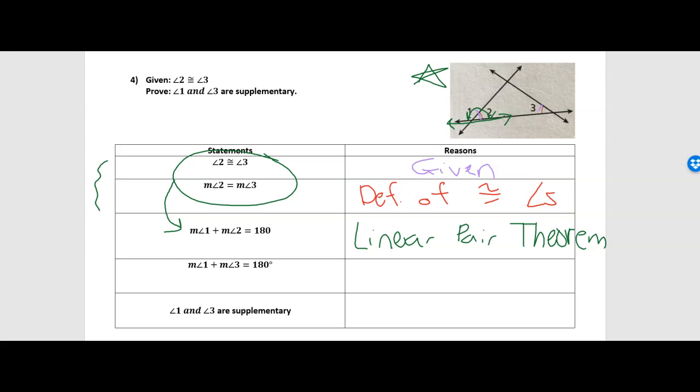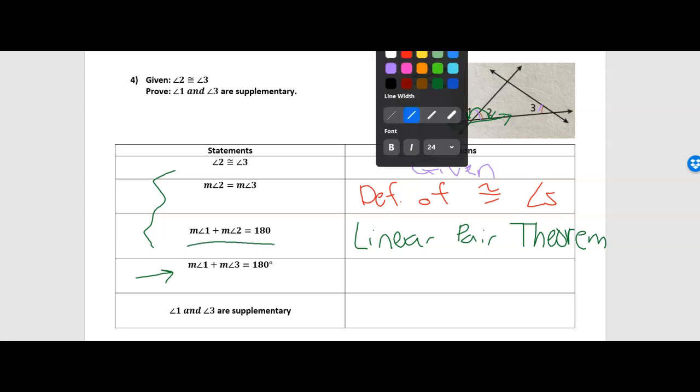Okay, so now I have a statement that says angle 1 plus angle 2, those measurements equal 180. So is there a way I can combine any of these three statements to get this one right here? Well, I have one that's pretty close. I have this one, but I need to get rid of that measurement of angle 2.